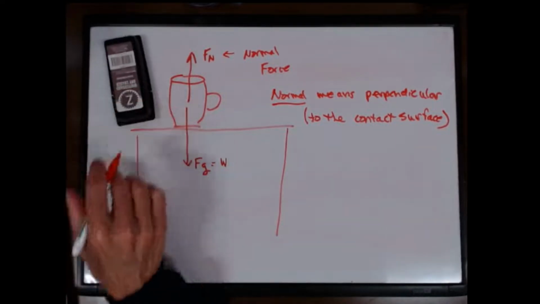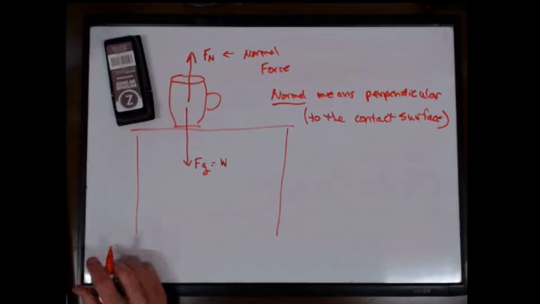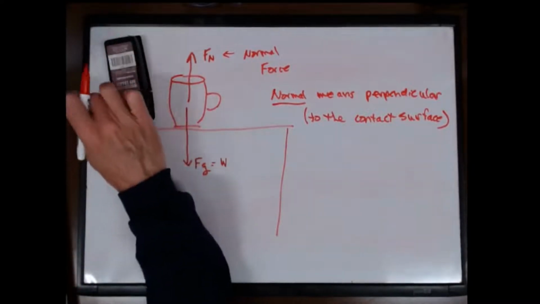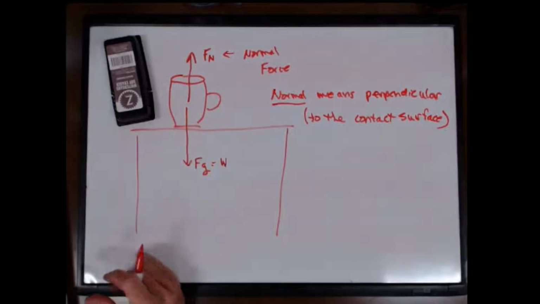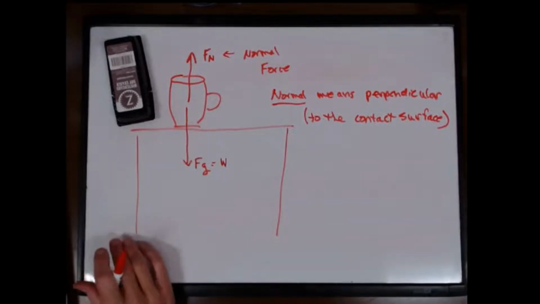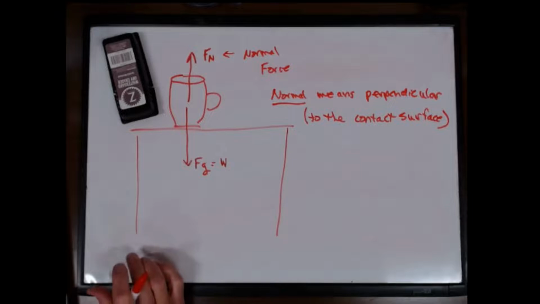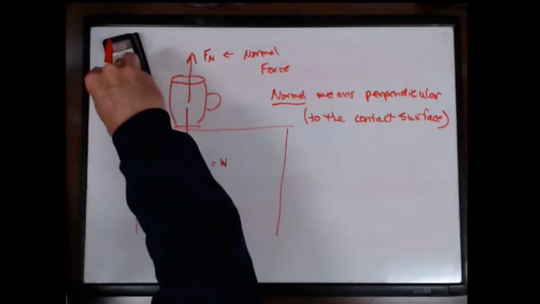Anytime you put something on a surface, there's a force between the two objects. The eraser is pushing down on the whiteboard, and the whiteboard's pushing up on the eraser. Those are from Newton's third law. But gravity is pulling down on the eraser, and the table is pushing up on the eraser just enough to balance them. If I push harder down on the eraser, the whiteboard will push harder up.